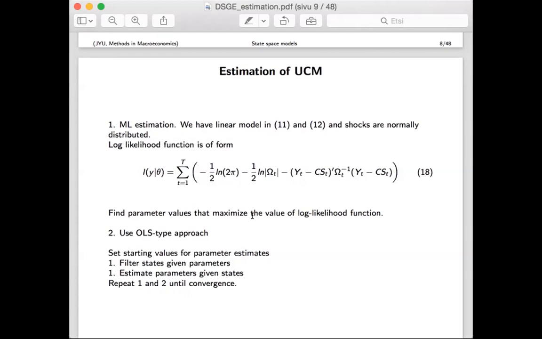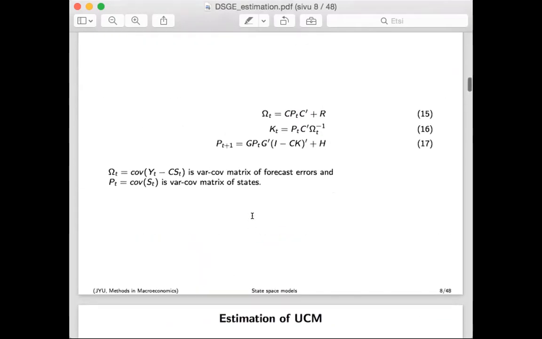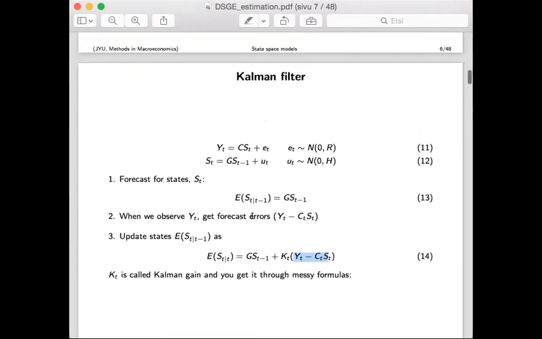Another way to estimate this model is to notice that these are, in a sense, linear regressions. So conditional on states, one can use OLS estimation for model parameters.